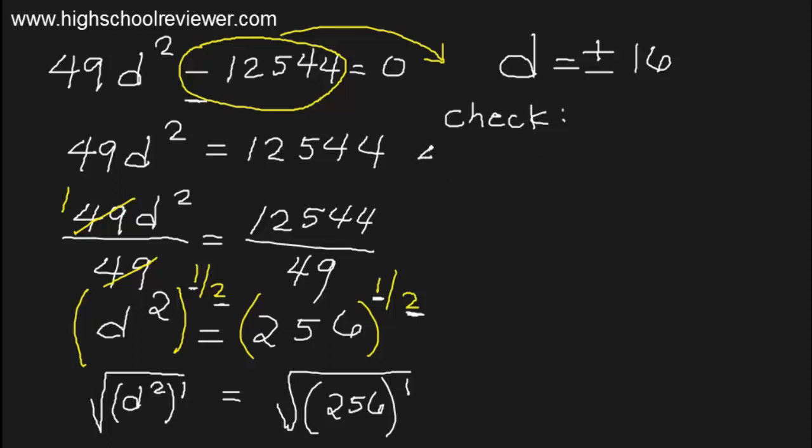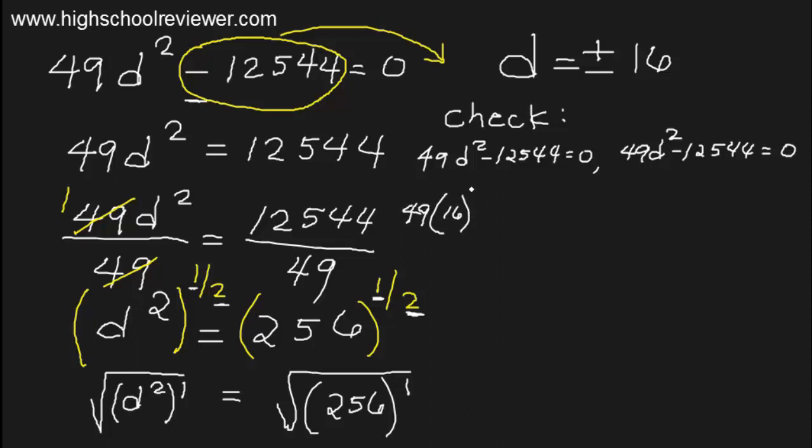So this will be 49d squared minus 12,544 equals 0. So our d here, 49 multiplied by positive 16 raised to 2 minus 12,544 equals 0. So 49 multiplied by negative 16 raised to 2 minus 12,544 equals 0.